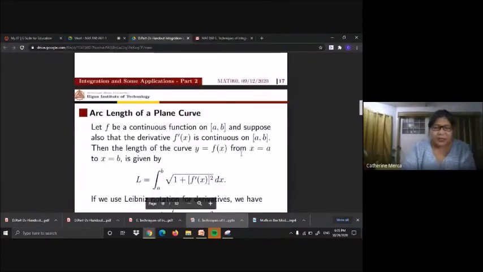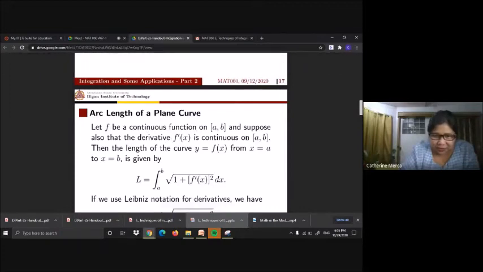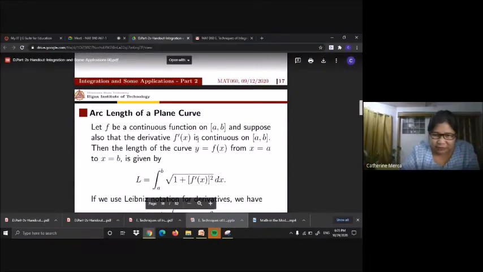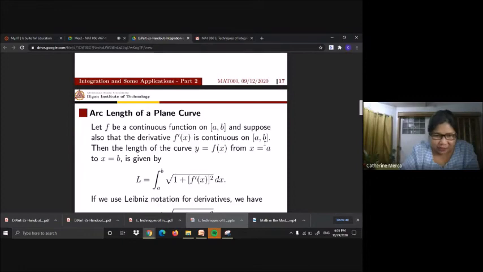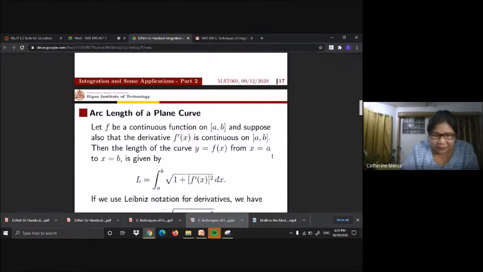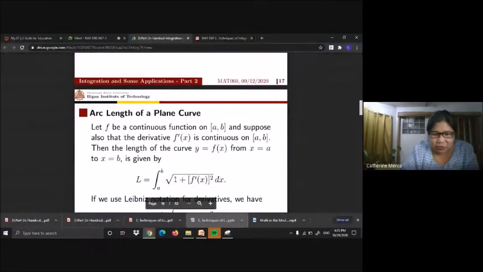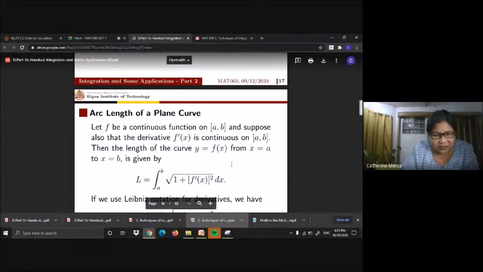Arc length. Okay, this is probably something new to you. I don't think this was discussed in senior high. You have a function which is continuous on AB. Suppose that the derivative of that function is continuous also on AB. Then the length of the curve is given by the formula, the integral from A to B of the square root of, this is a formula, you have to memorize this.